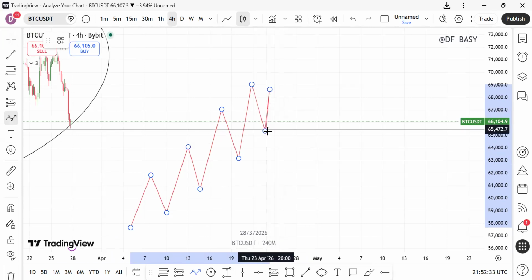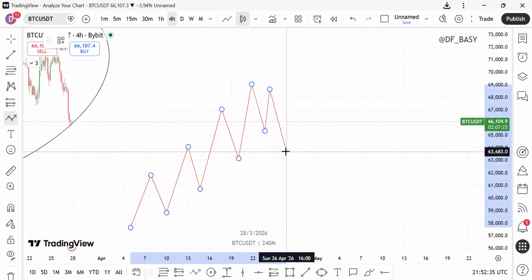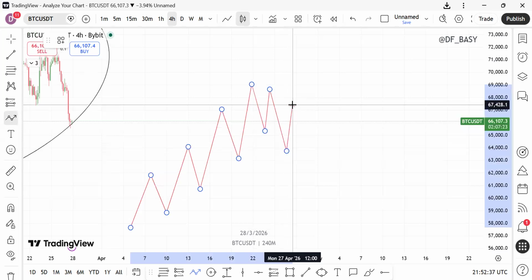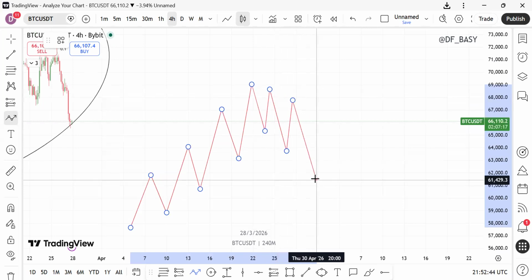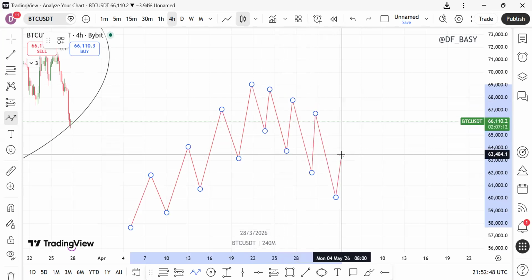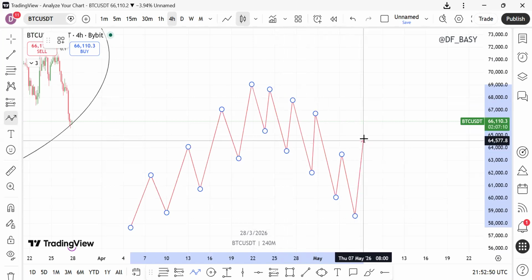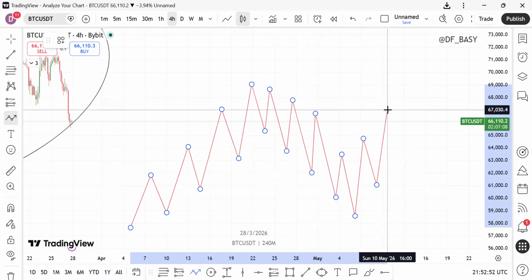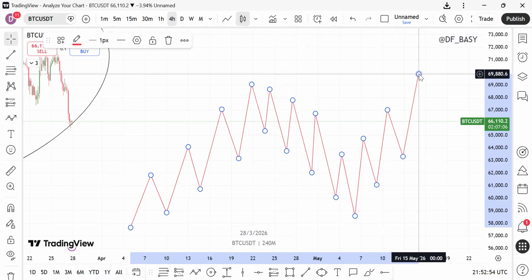It comes back and takes out this higher low, closes fully down, comes back and taps and touches, let's say, an order block around here, and then starts creating structure. Then it does the same thing, and does this and this.